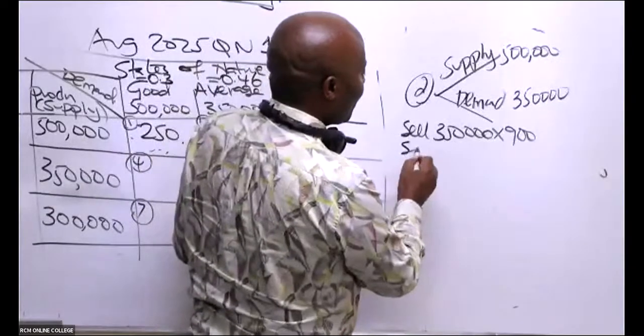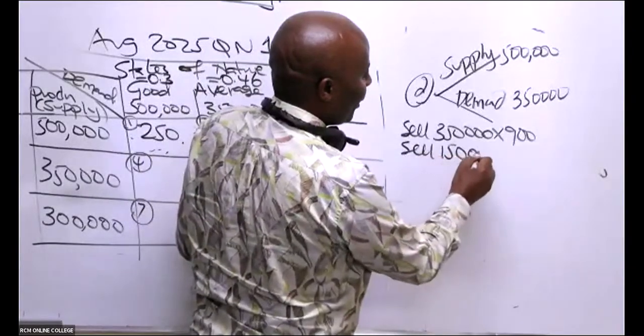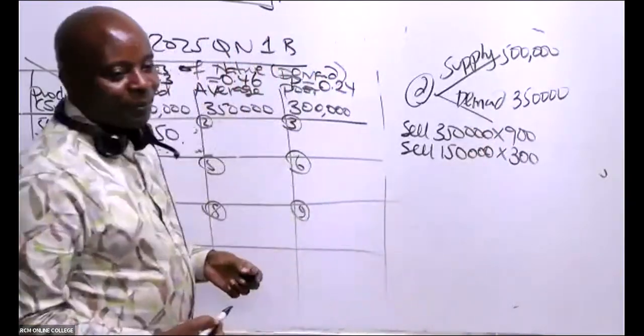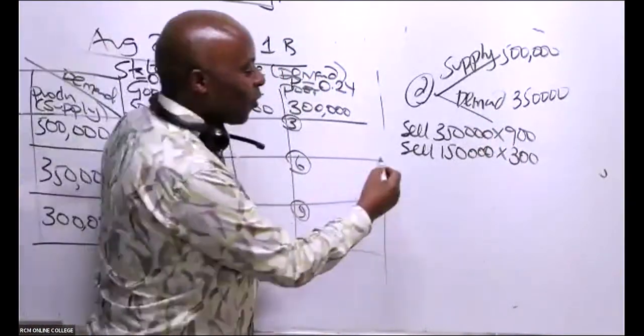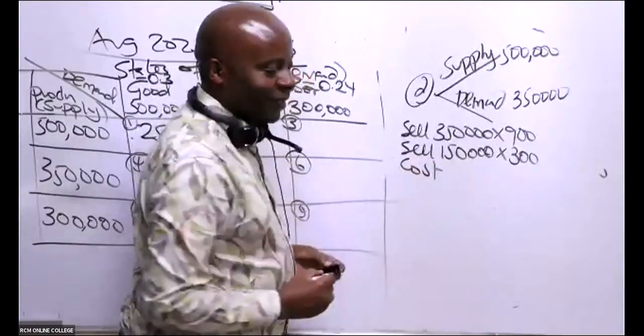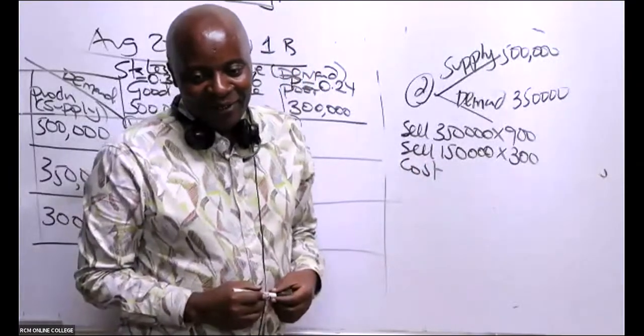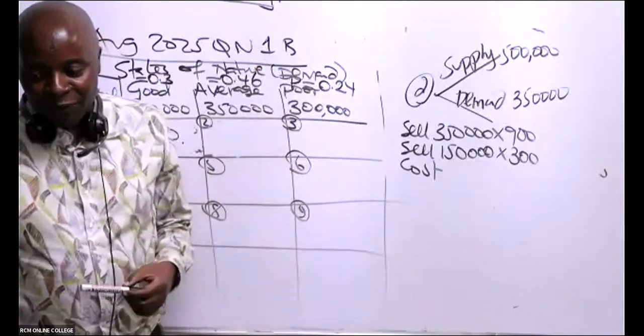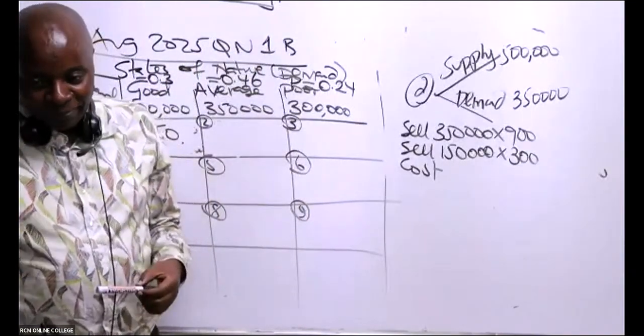So in this case here, we will sell at what price? 300. And our cost of production? But how many umbrellas are we producing at 400? All of them.